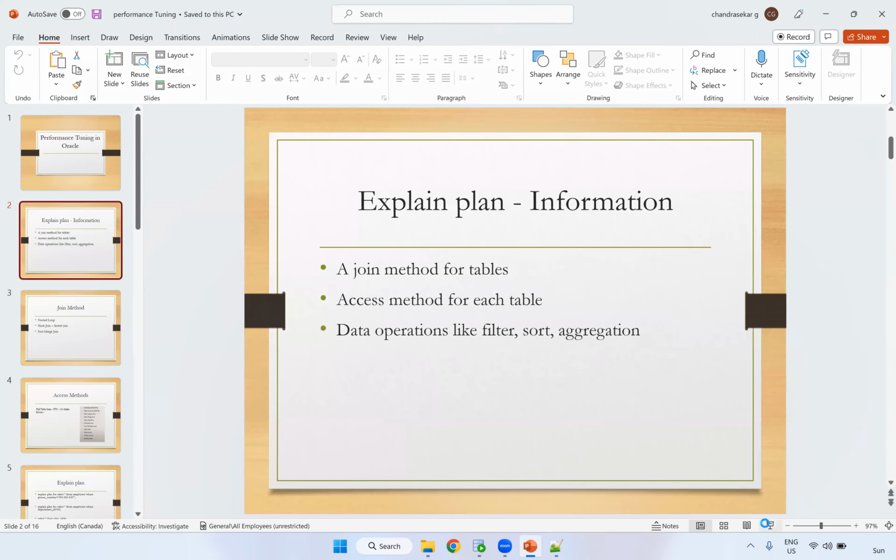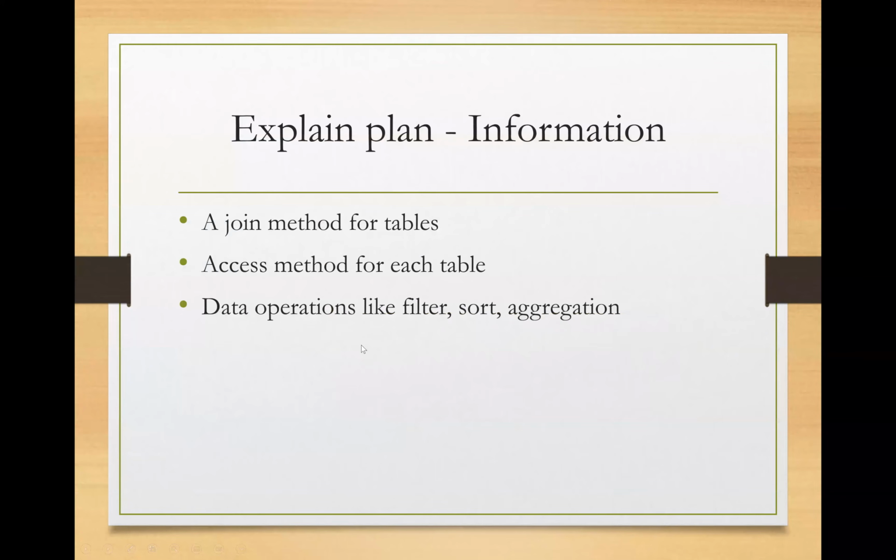First of all, whenever we are doing performance tuning, we have to go for explain plan. You are running big SQL queries, and we need to check how the SQL query is running.